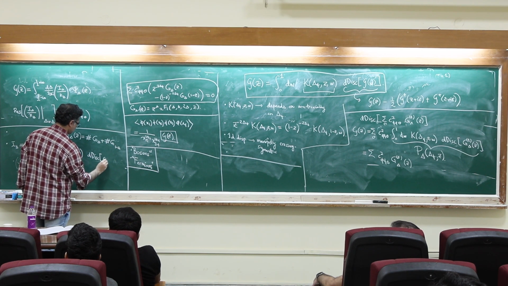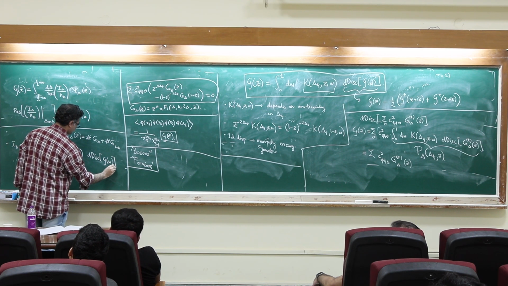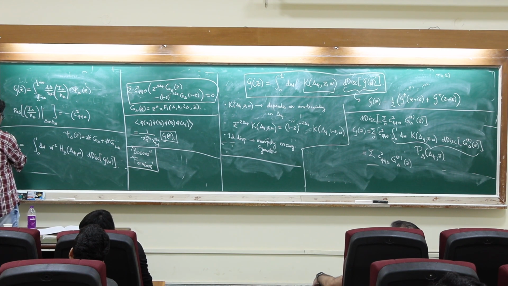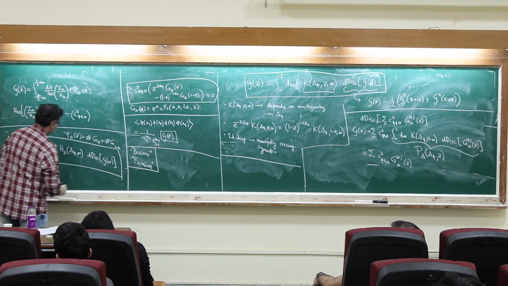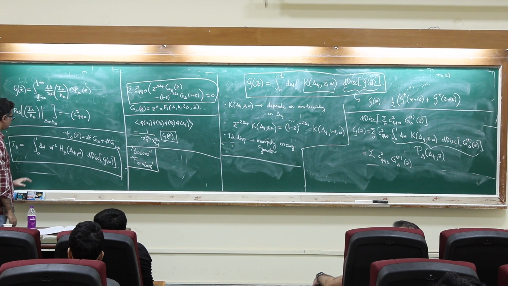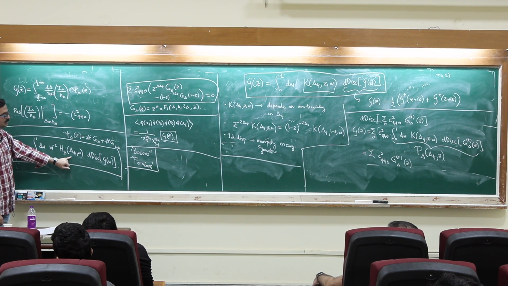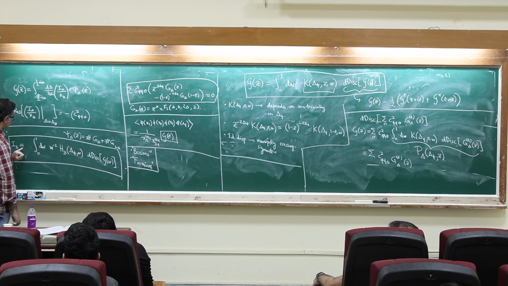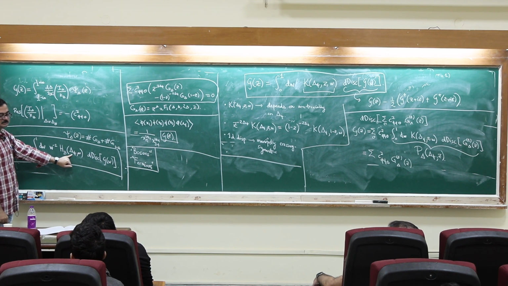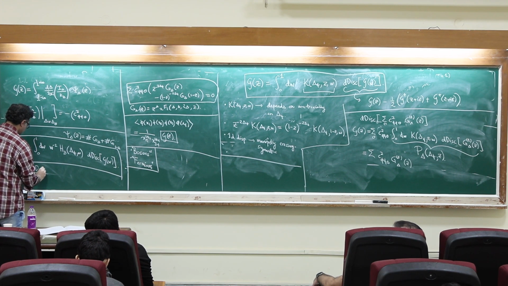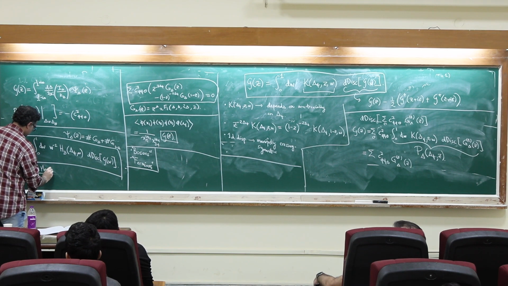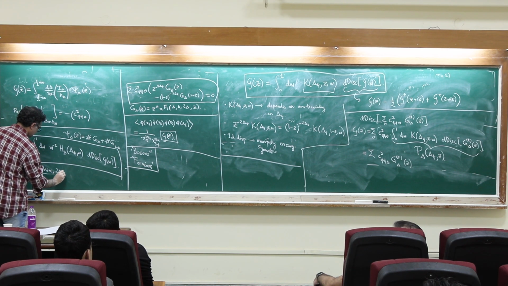Here, once again, this is some kernel which explicitly depends on the scaling dimension of the external operator delta phi, and this integral representation was found by Dalimil Mazac, I think in 2018.